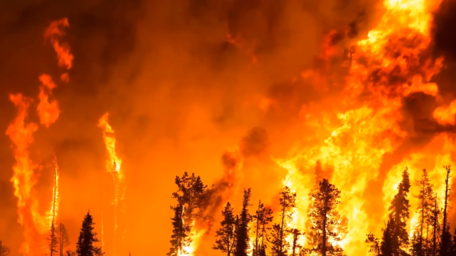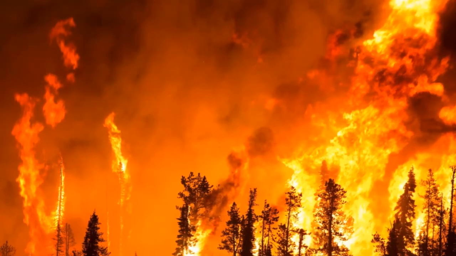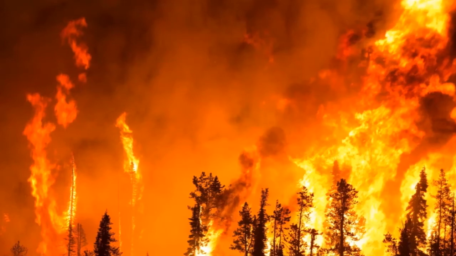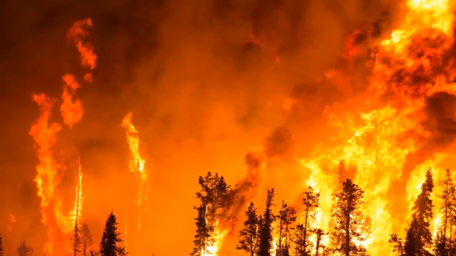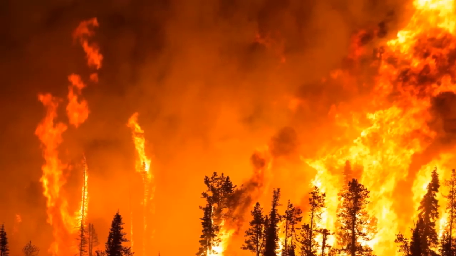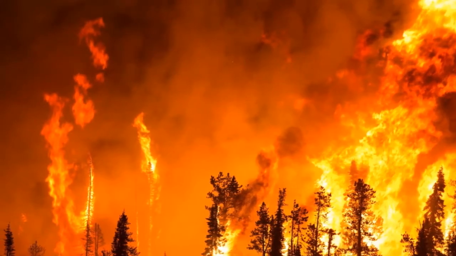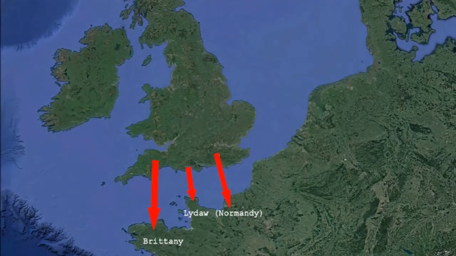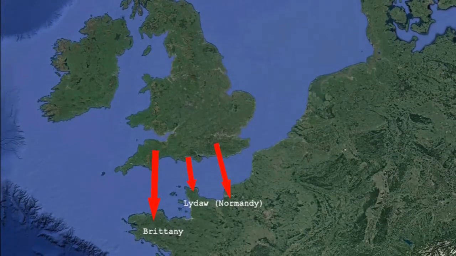The British state was virtually destroyed and severely depopulated, and for 7 to 11 years in the mid-6th century, much of the land was uninhabitable. Some survivors fled to kinsmen in Brittany and Lliwlod, aka Normandy.